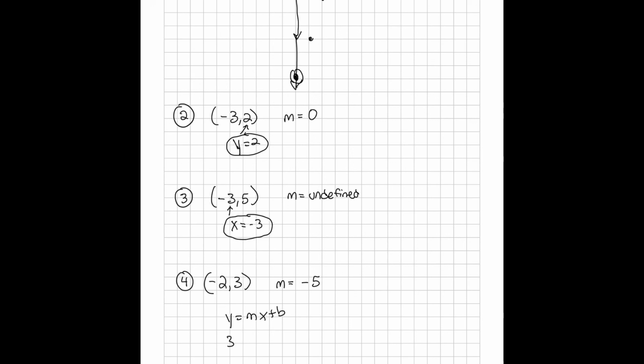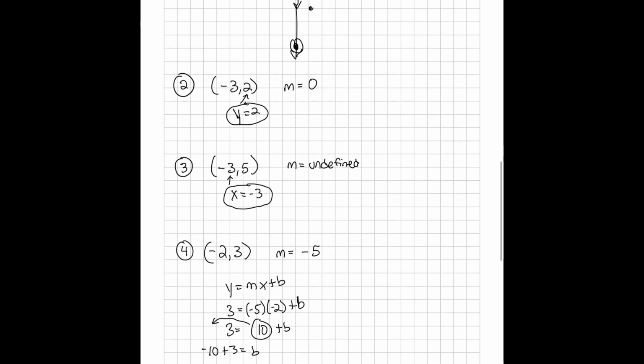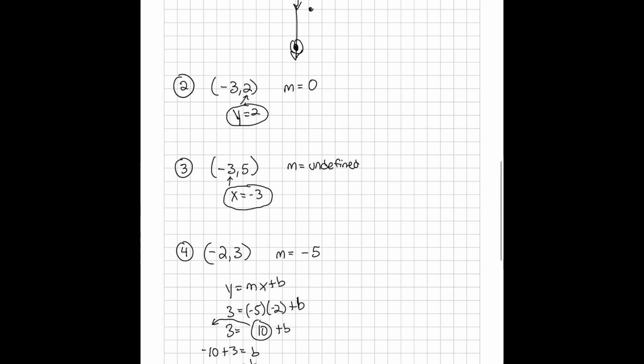So y is 3, m is -5, x is -2, b, let's solve for it. So 3 equals 10 plus b, throw the 10. So now I have -10 plus 3 equals b, and b is going to be -7, so my equation is y equals -5x minus 7.